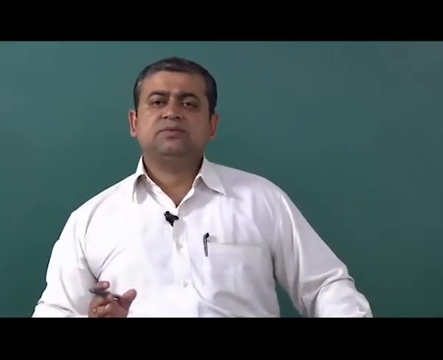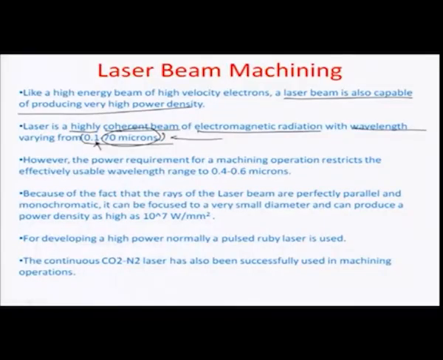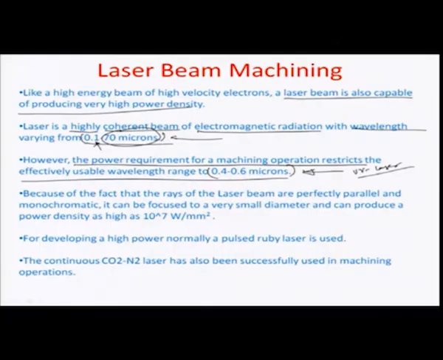There is a vast range of materials with a vast range of finishes that you can cover using laser beam machining. The power requirement for a laser beam machining operation restricts the effective usable wavelength range to 0.4 to 0.6 microns, although these days there are quite a few UV lasers which actually operate in the less than 400 nanometers region of the wavelength as well.